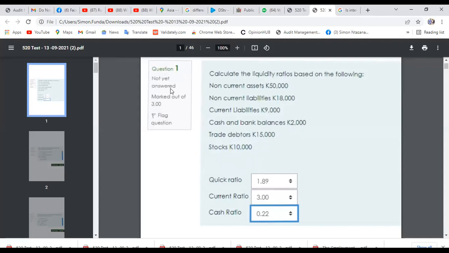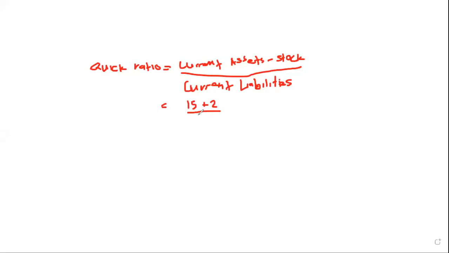no wonder we are doing this. This is what we are supposed to do. So it will be just this plus this, then you divide by the current liability. The current liability, that's 9.